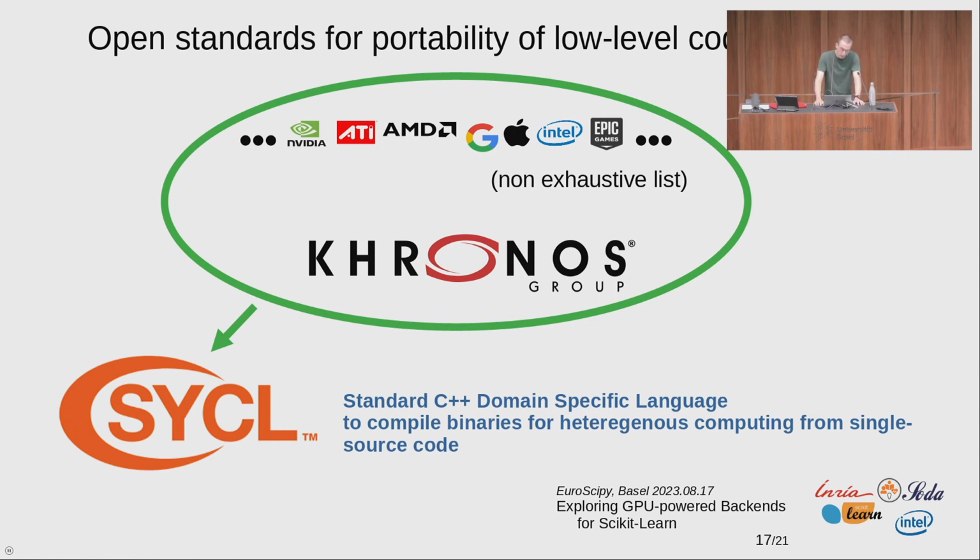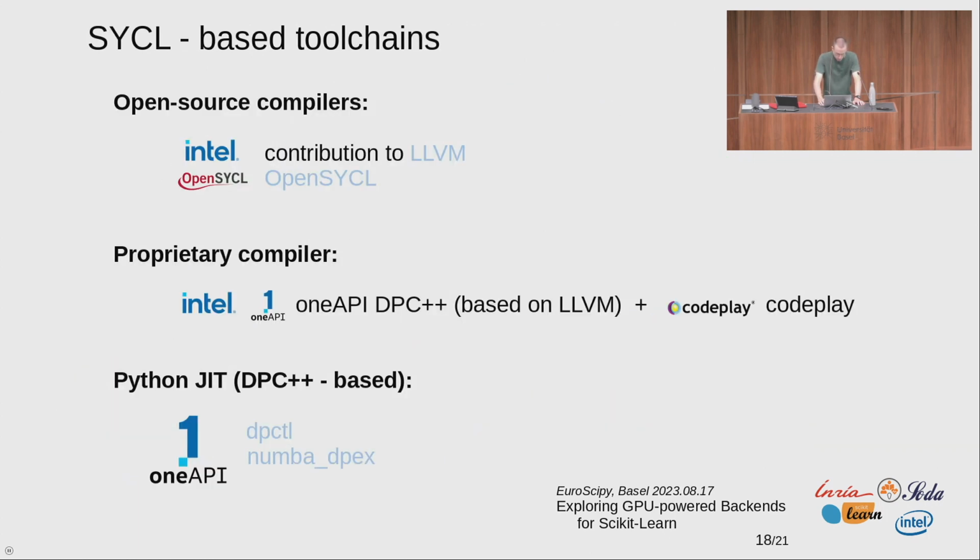And in particular, there is actually a standard that has been worked on called SYCL, which aims at just that. It defines a standard for a C++ domain-specific language. If you write your C++ code with this language, the compilers will be able to compile for a lot of different hardware: CPUs, GPUs, NVIDIA GPUs, AMD, Intel GPUs, and so on.